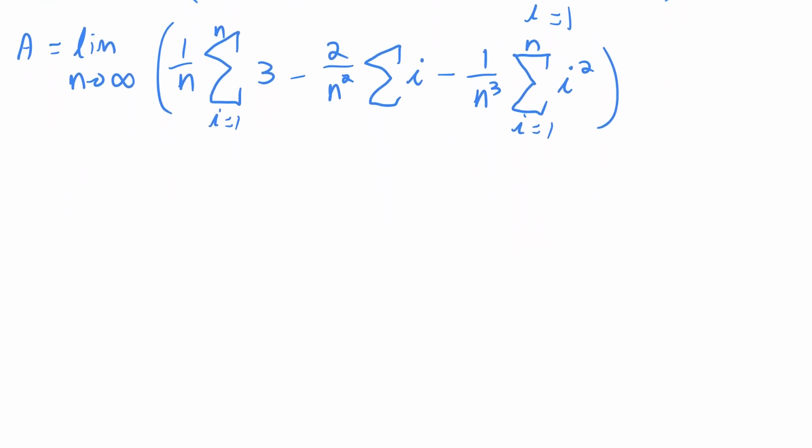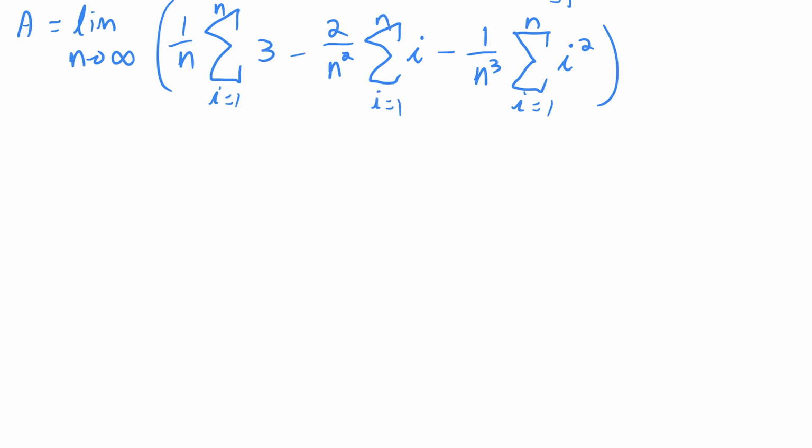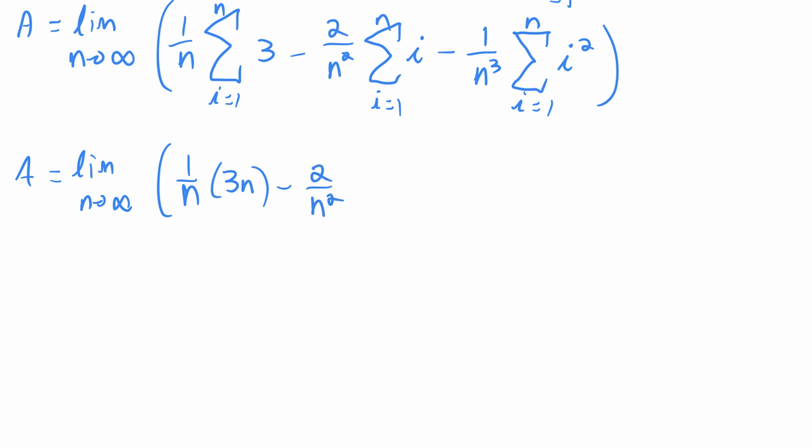And now hopefully you know your summation rules and you know the formulas for all three of those, the sum of a constant, the sum of i, and the sum of i squared. And I noticed I forgot to write my index of 1 to n on that sigma. So let me go ahead and use my summation rules to evaluate each of those sums. The sum of a constant from 1 to n is just equal to the constant times n, so just 3 times n, minus 2 over n squared.